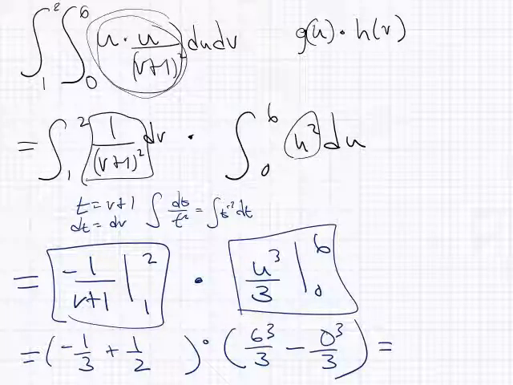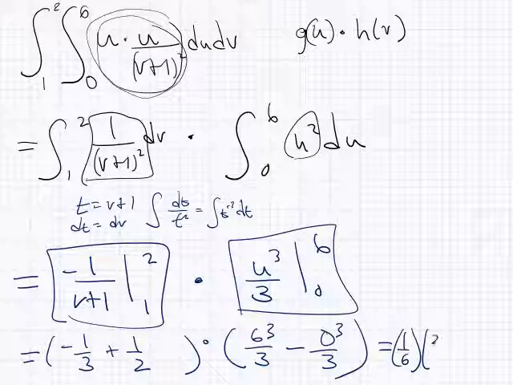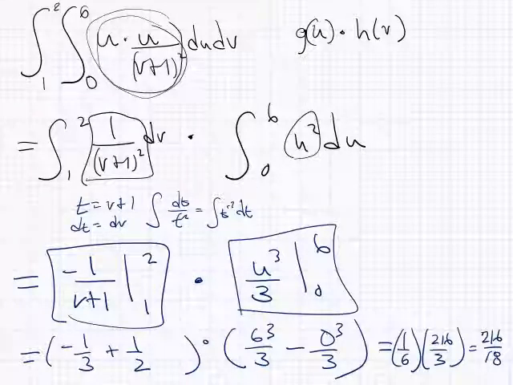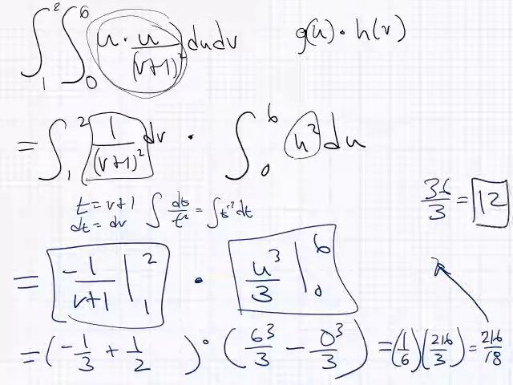So in the end, we'll get 1/6 times 6 to the third, which is 216 over 3. So 216 over 18, which is actually going to be 36 over 3. So 36 over 3 would give me 12. Okay? So there's the answer, 12.